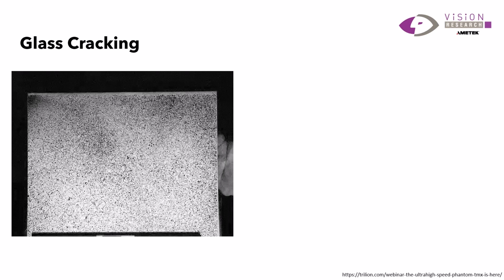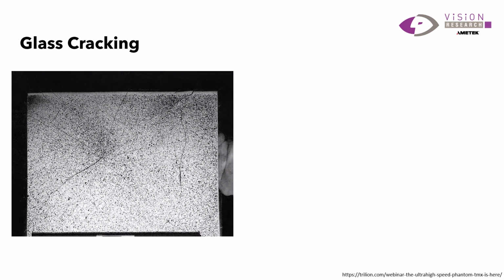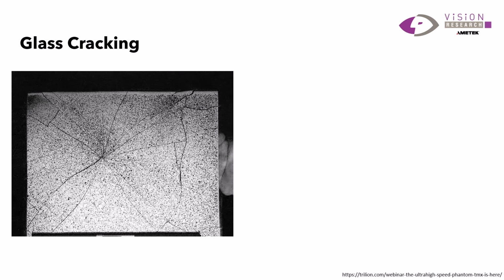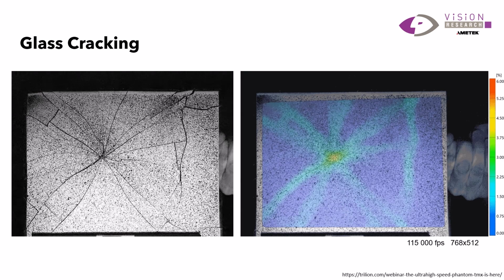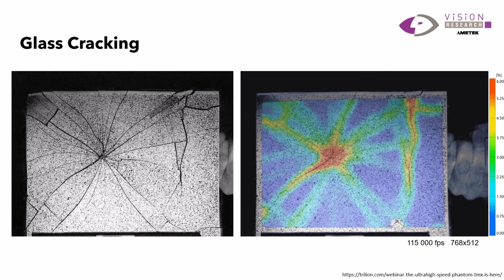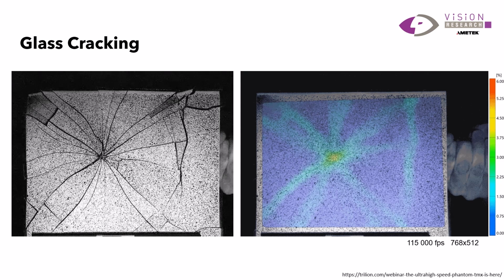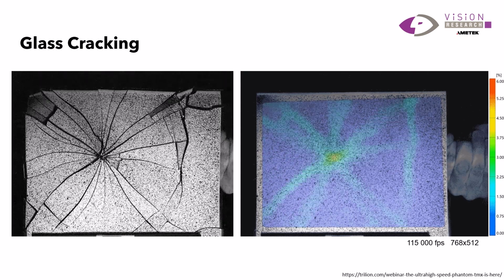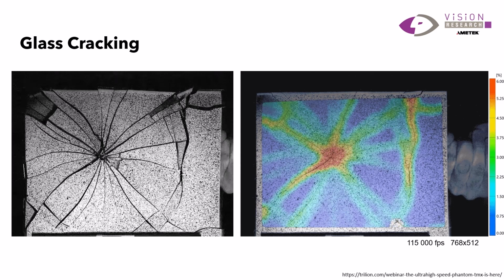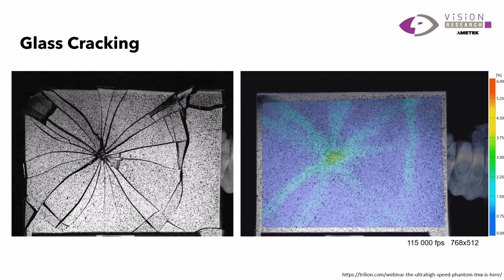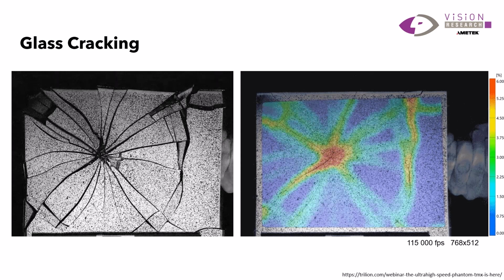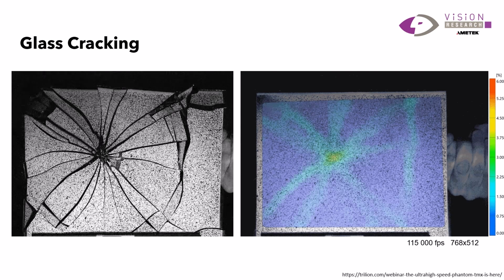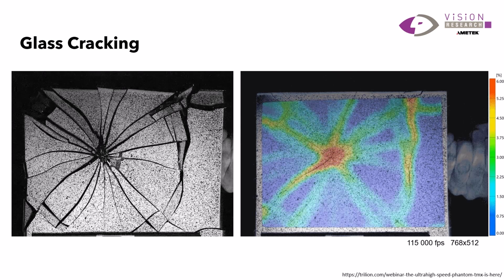A more dramatic example here is a glass cracking experiment, where as we deform or crack this glass, you can import that into your third-party software. This is at roughly 115,000 frames per second, computed with the Trillion software from GOM, and you can see deformation of that glass versus time in a really great time-resolved manner.